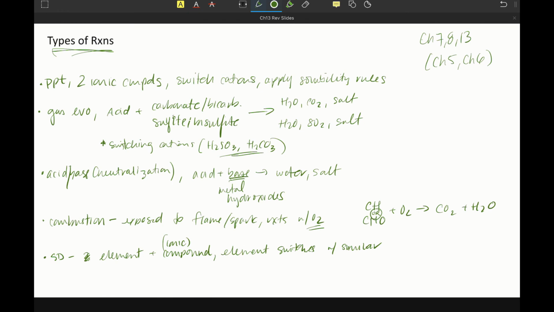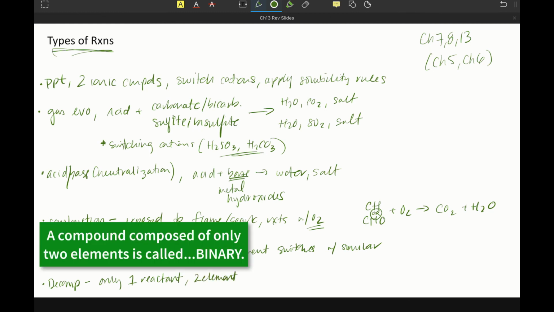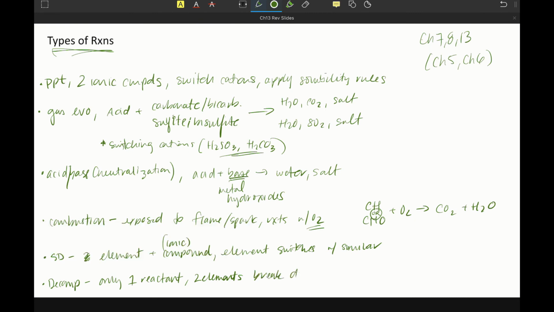In the mixed practice, we also talked about a simple decomposition, wherein if we have only one reactant, and if that one reactant is made of two elements, it's going to break down, also called decompose, into its elements.